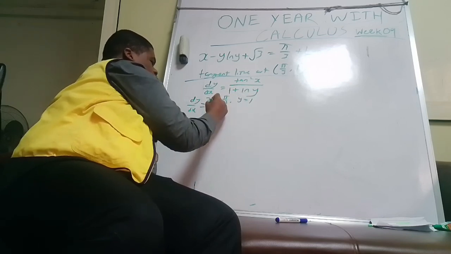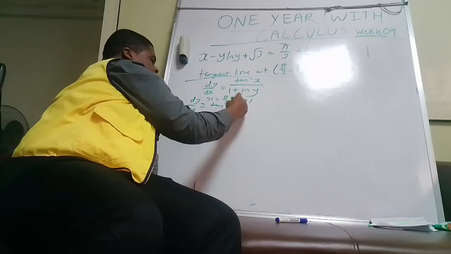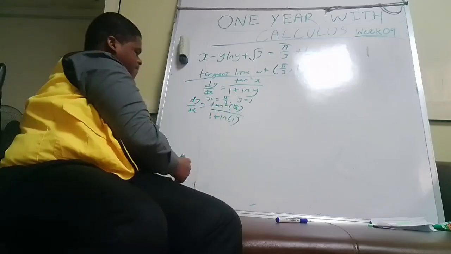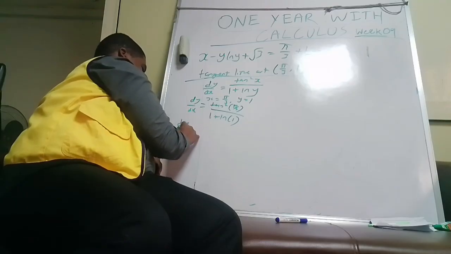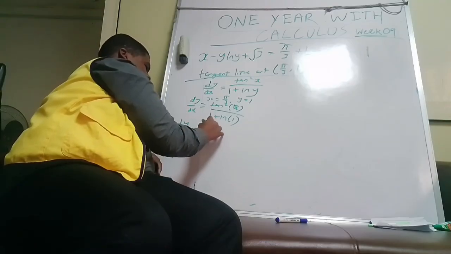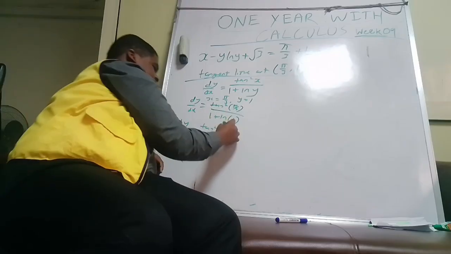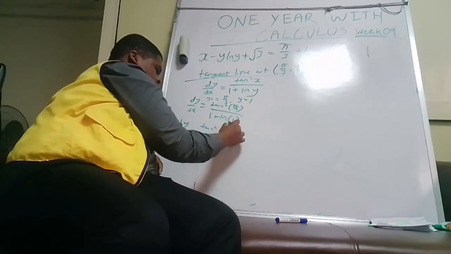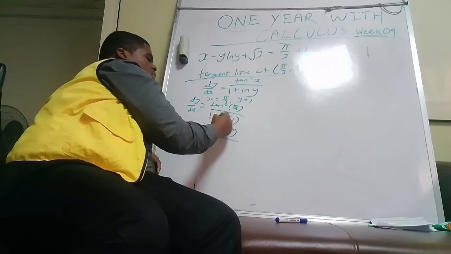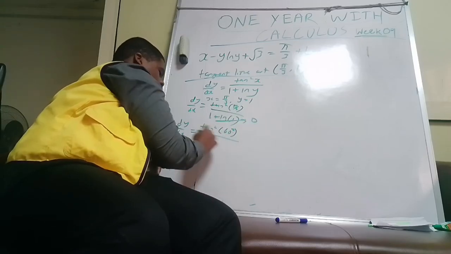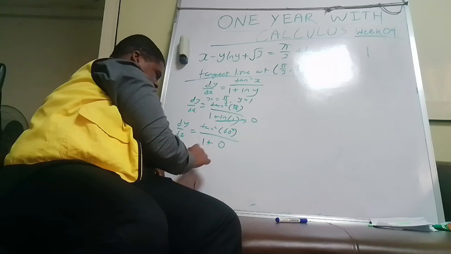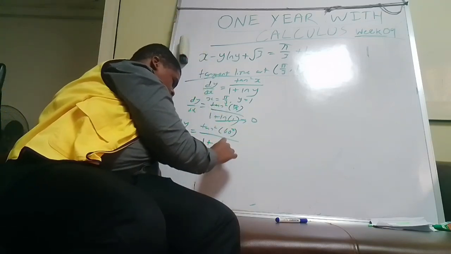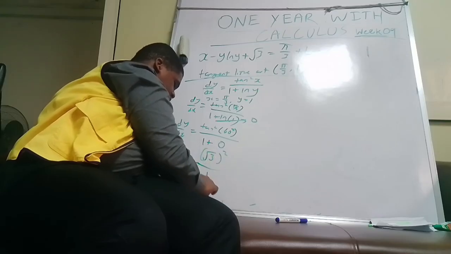The derivative is equal to tan square pi over 3 divided by 1 plus ln 1. dy/dx at that point is equal to tan square pi over 3, which is 60 degrees, divided by 1 plus ln y, which as we showed before is equal to 0. So 1 plus 0. Then tan 60 degrees is equal to square root of 3. That's square root of 3 all squared divided by 1. And this is equal to 3.